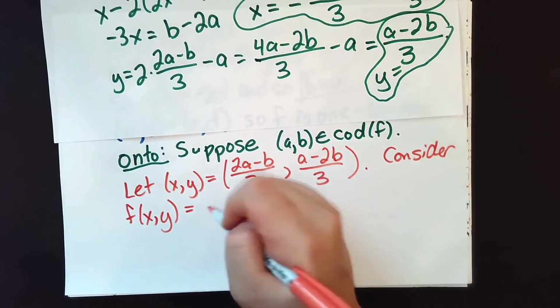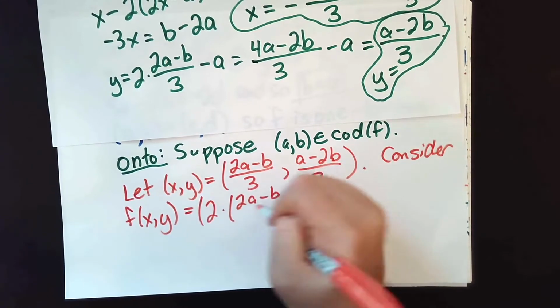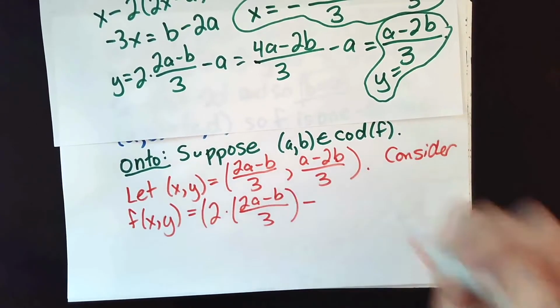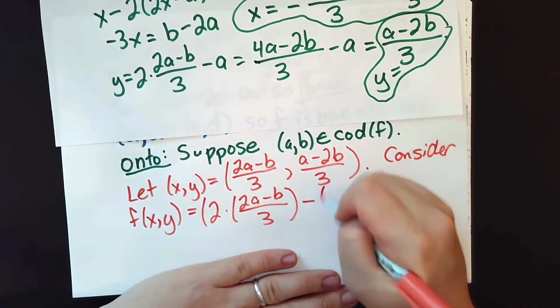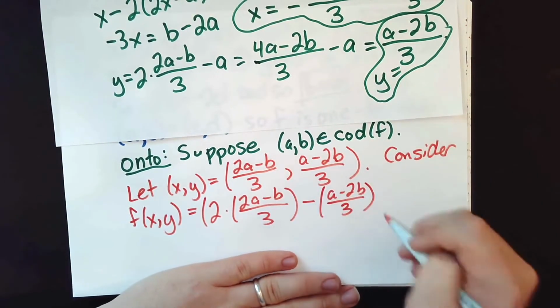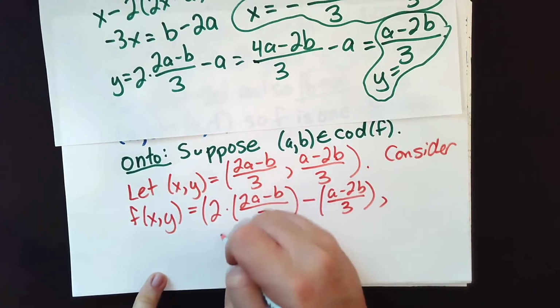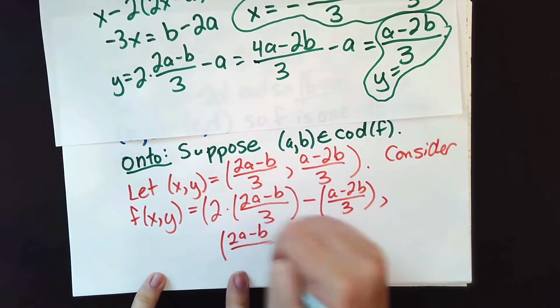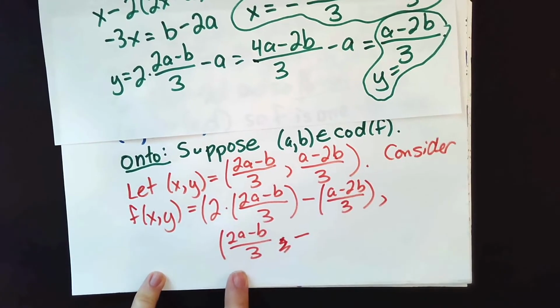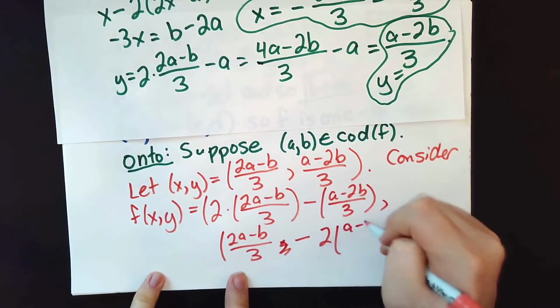It is going to be 2 times 2a minus b over 3 minus a minus 2b over 3, comma, and then y will be 2a minus b over 3 minus, and then 2 times a minus 2b over 3.